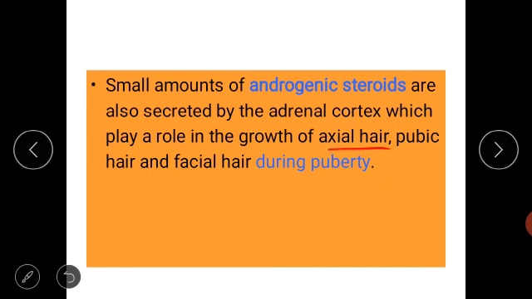So facial hair, in males, beard and mustache, grows during puberty. So a small amount of androgenic steroids is secreted by the adrenal cortex. This is also a considerable point: the hormone produced by the adrenal cortex, androgenic steroids.